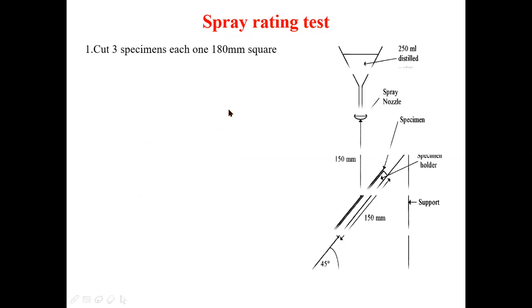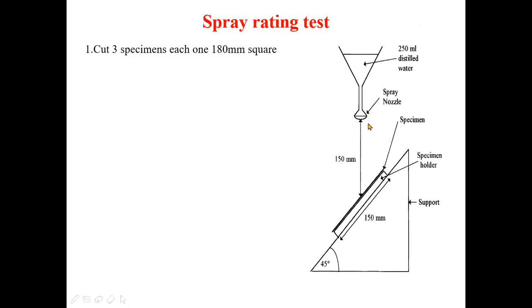Now, let us see the procedure for conducting the spray rating test. You have to cut 3 specimens, and each specimen will be of a specified area. So this is the simplified diagram of the experimental setup of the spray rating test. This is the nozzle.